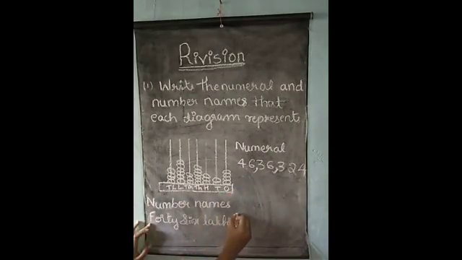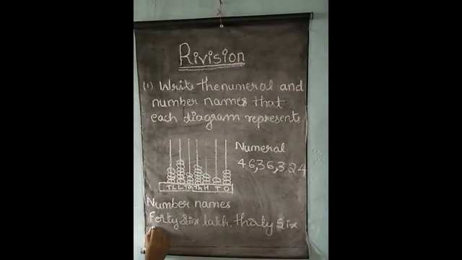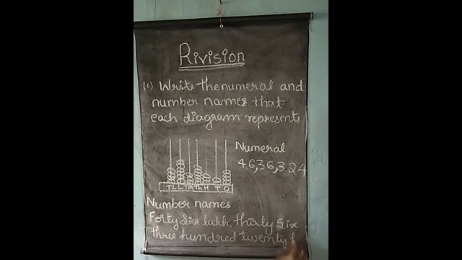Then the second one is 36,000. Then 300. Then 320. Then 4.